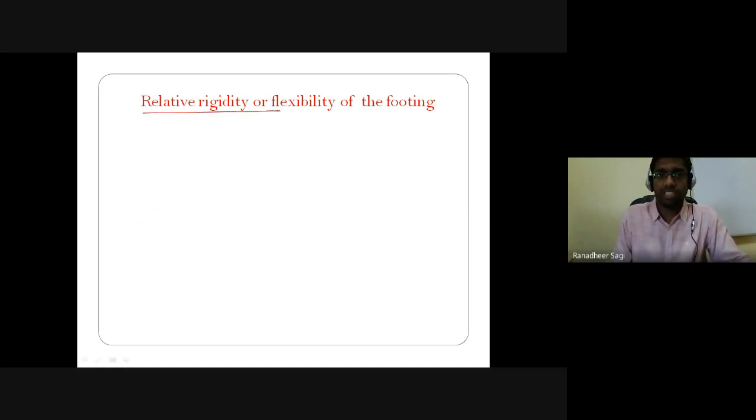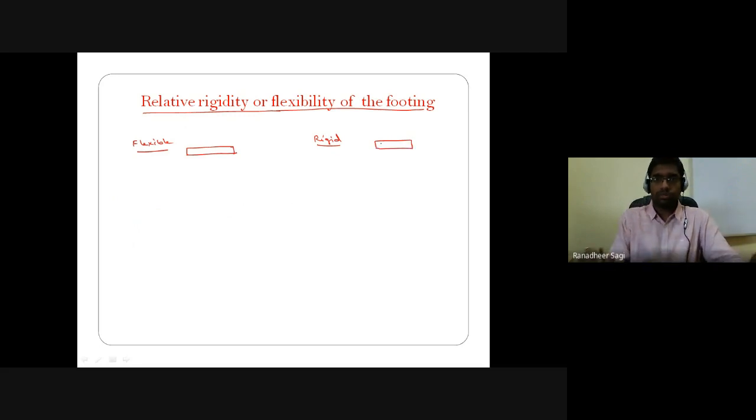Okay, so as the first case, it says depending on the relative rigidity or flexibility of the footing, how the contact pressure distribution diagram is going to depend on it. So here I am going to look at two cases. One is the case of a flexible footing, and the other is the case of a rigid footing. I'll tell you what is the difference between the flexible footing and the rigid footing.